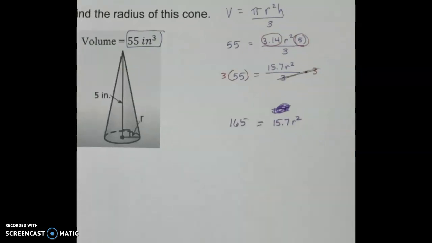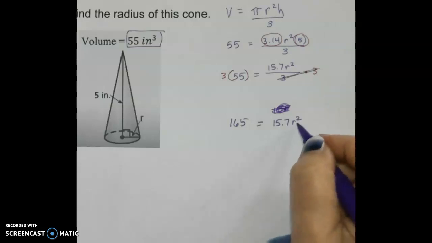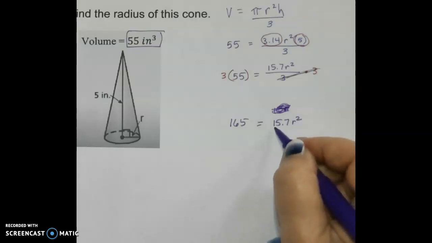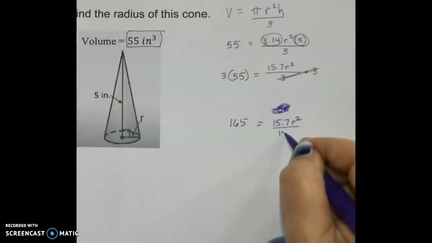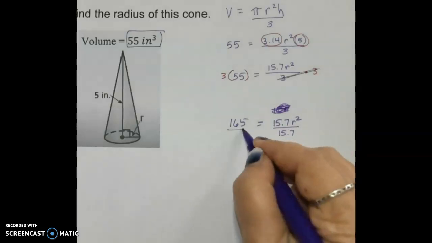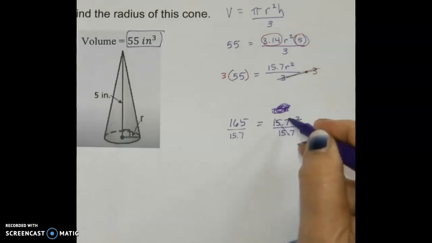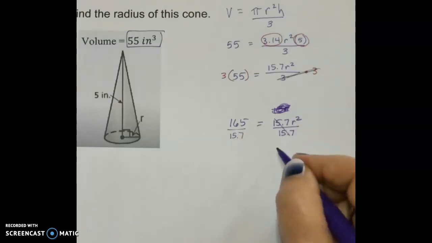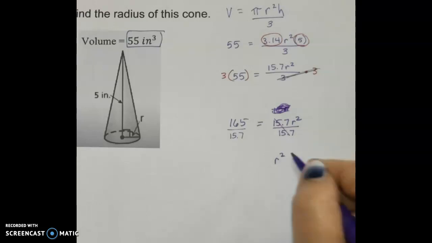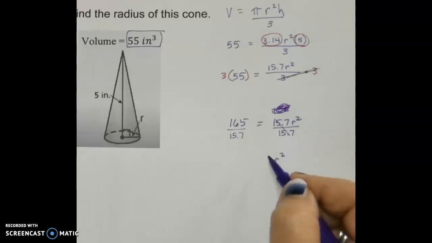All right, next up we are going to try to get that r squared isolated. These two items are being multiplied together, so our inverse operation is to divide by the coefficient, which will cancel out our 15.7s, leaving us with r squared isolated.